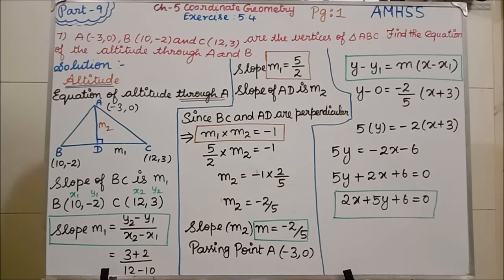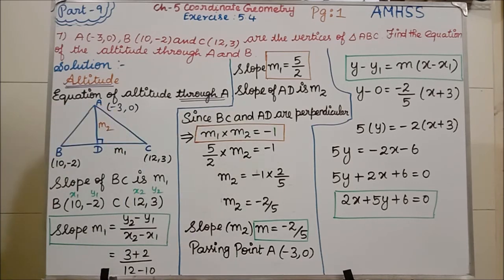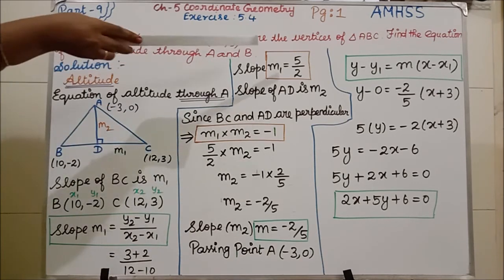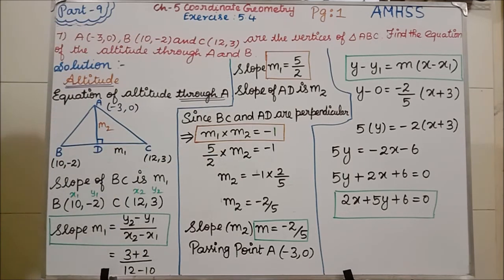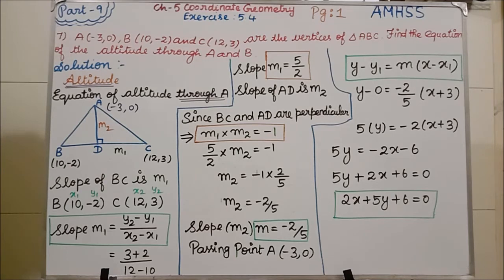Because we know the formula: perpendicular means M1 into M2 equals minus 1. We know that formula, isn't it? M1 value what we have got? 5 by 2 into M2 value, we don't know, so we are writing M2 equals minus 1. In the next step, M2 alone will be on the left hand side.